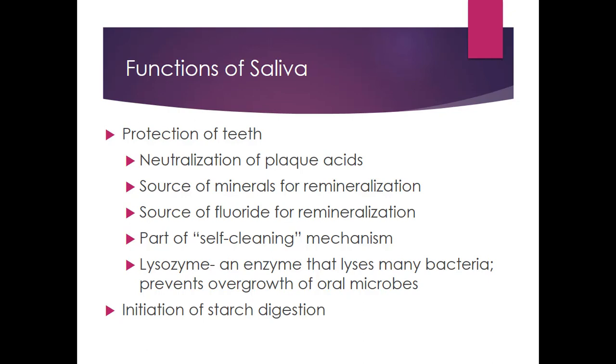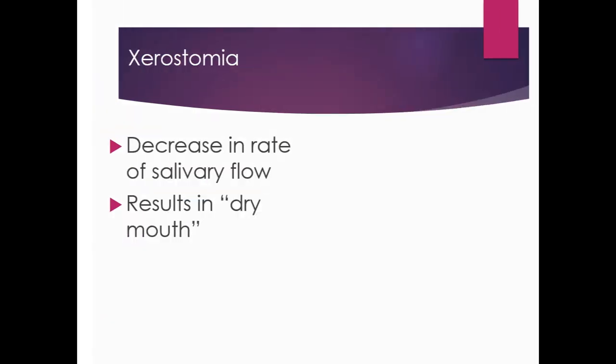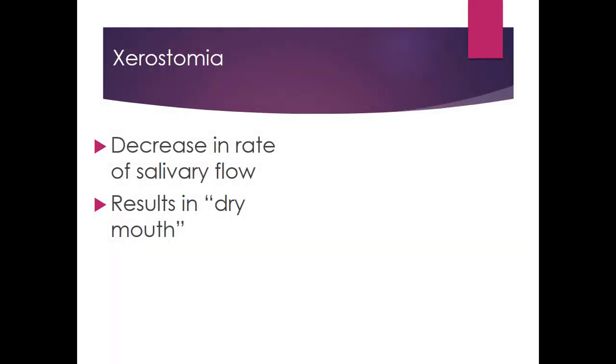So you'll find when you have patients with xerostomia, or not enough saliva, they'll have an increase in caries, and they'll have an increase in risk of periodontal disease. And saliva also initiates the digestion of starch, which we just talked about. So what is xerostomia?